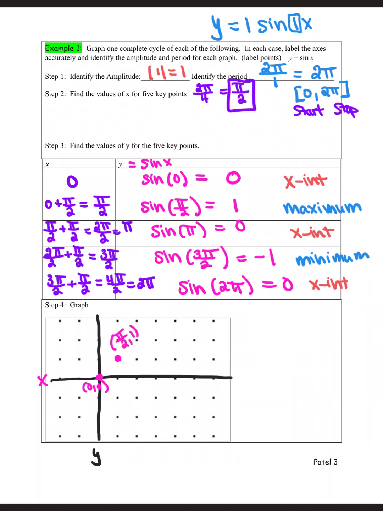My next point is pi, 0. Notice I'm just counting by pi over 2. Each little space is pi over 2. My next point is 3 pi over 2, negative 1. And my last point is 2 pi, 0.